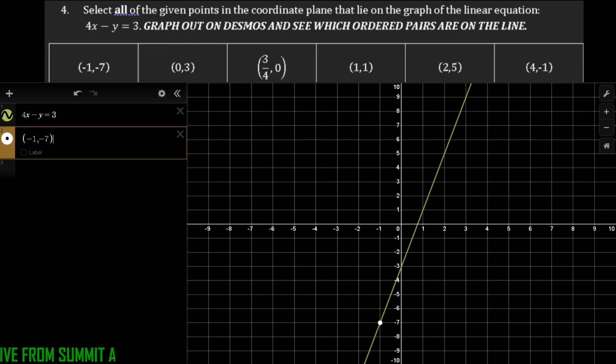That's on the line. Let me label that. I have (0, 3). I have (3/4, 0).